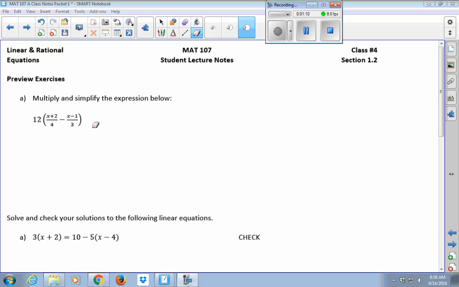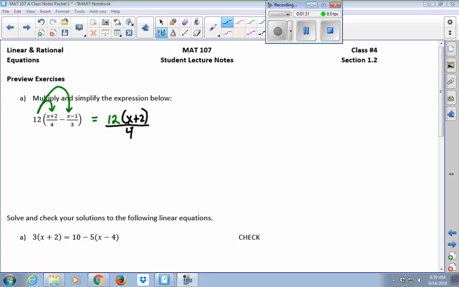Another approach to that is to simply use your distributive property and to say 12 times this and 12 times that. So another approach would be to just say 12 times exactly what you have there, x plus 2, and now the whole thing is divided by 4.